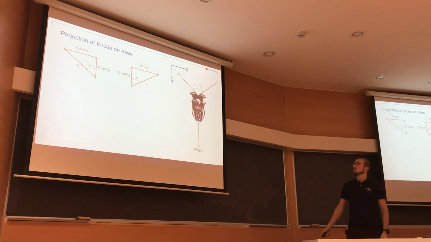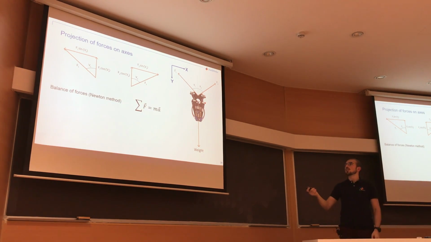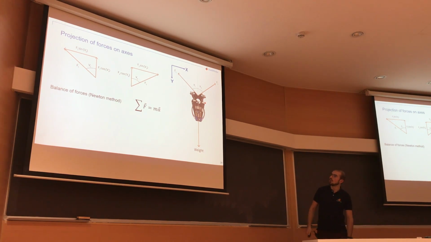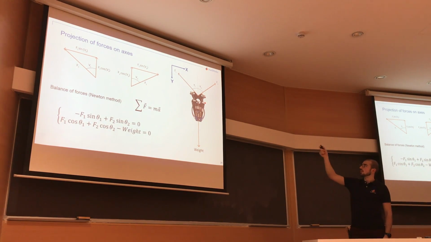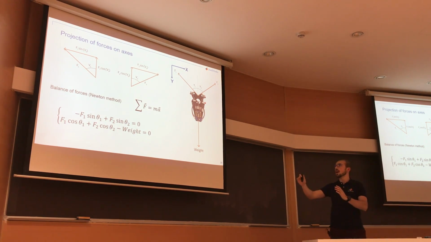Why is it so important? Because we want to apply the balance of forces, the Newton law. Okay, and this is important because we need to compute exactly how much are the forces on the vertical axis and how much on the horizontal axis.